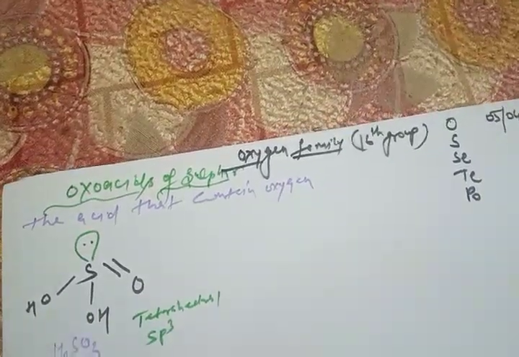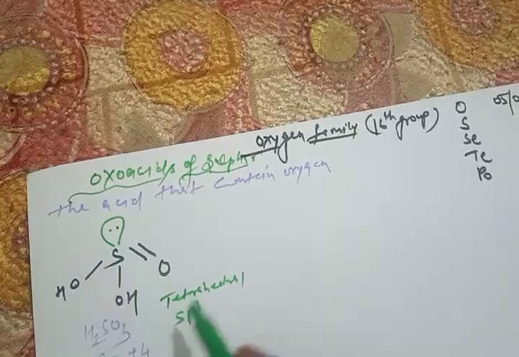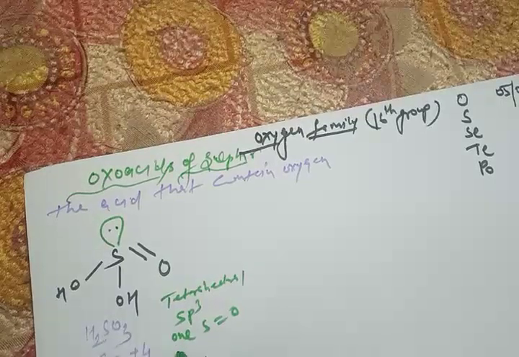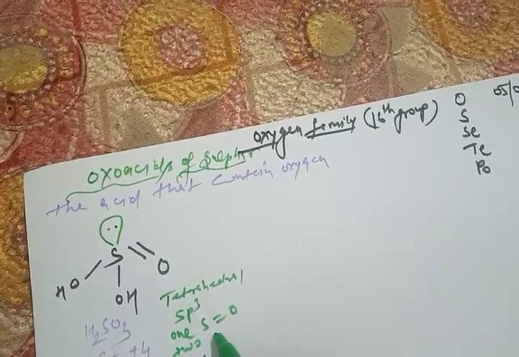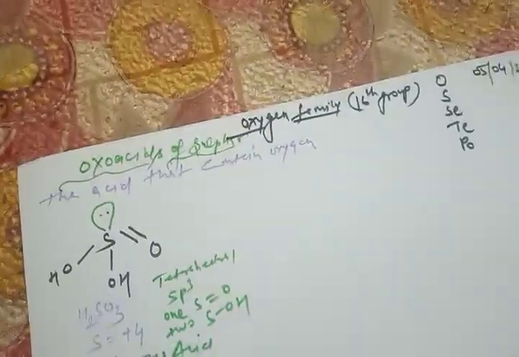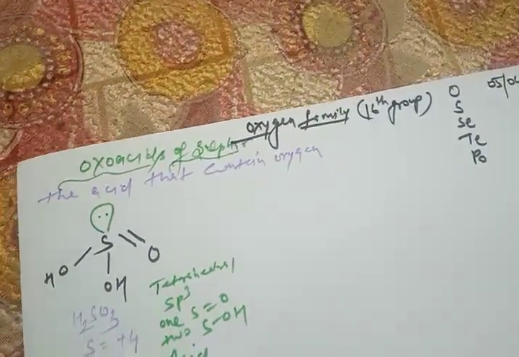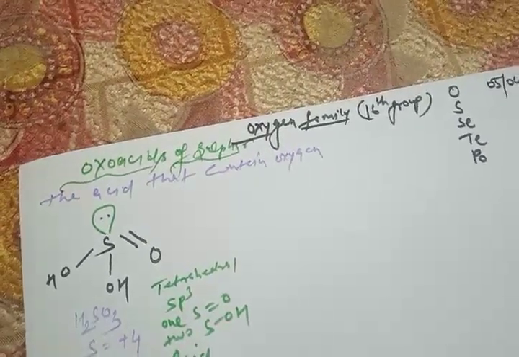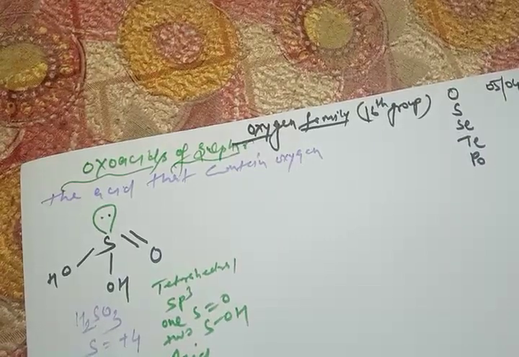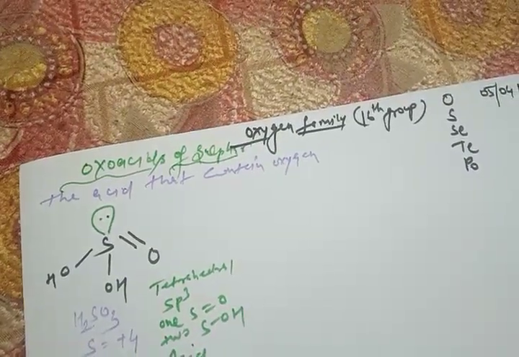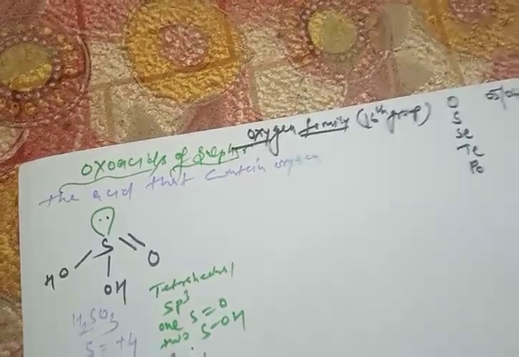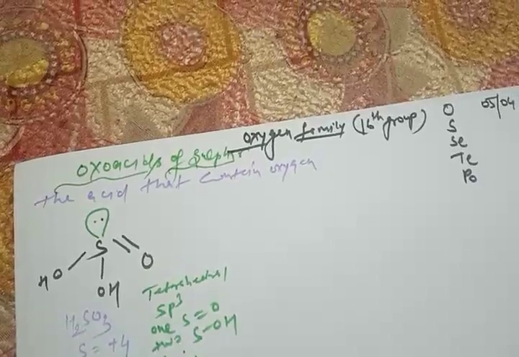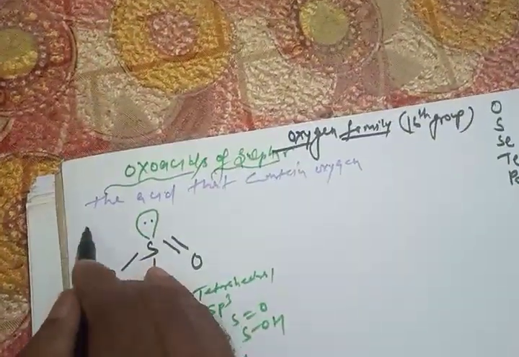In this case we have one S double bond O and two SOH bonds. Sometimes in an examination one may ask which type of bonding, because in the next types of oxoacids there are some SS bonds and SOS bonds also. So this is sulfurous acid.